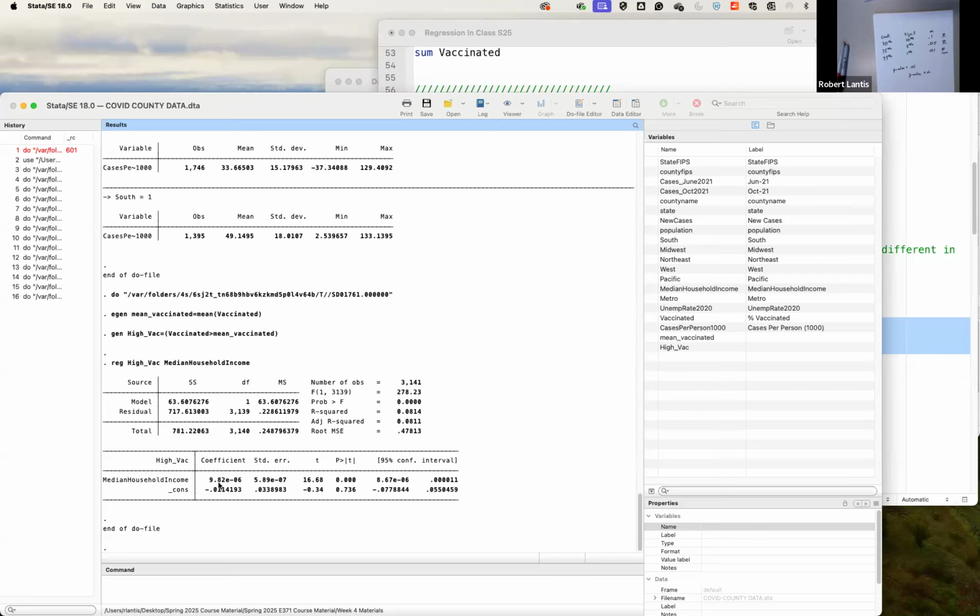Well, that's really small, but I could always scale this up to saying, well, what would happen if I had 1,000 additional dollars of average income in the county? Well, then it would increase by whatever the effect of $1 was times 1,000. So sometimes we'll have really small coefficients because the units of our X variable are going to be small. And if we think about probabilities, well, what's the largest probability increase we could see?